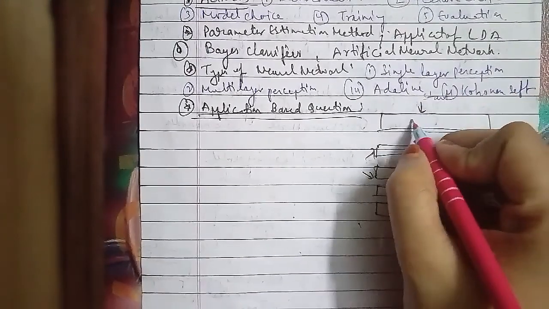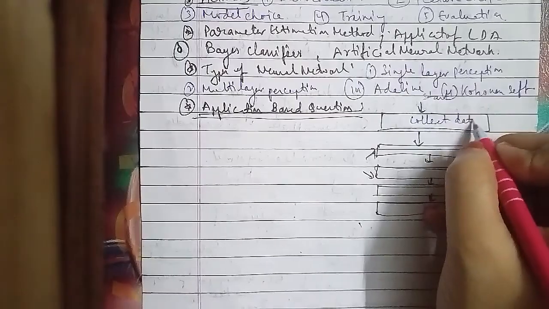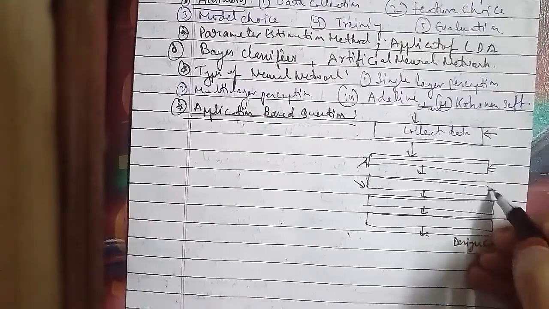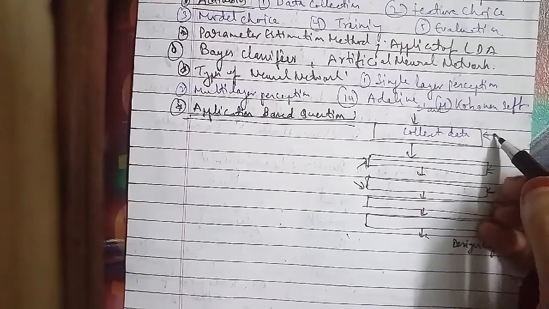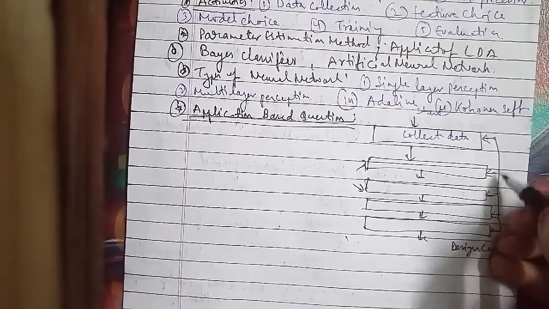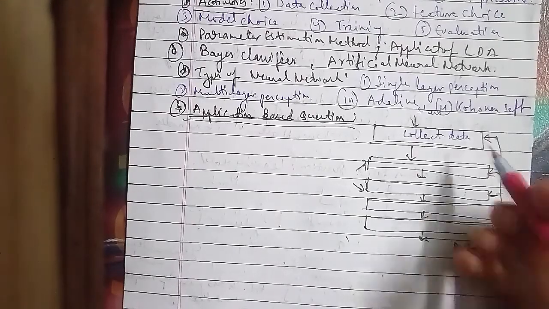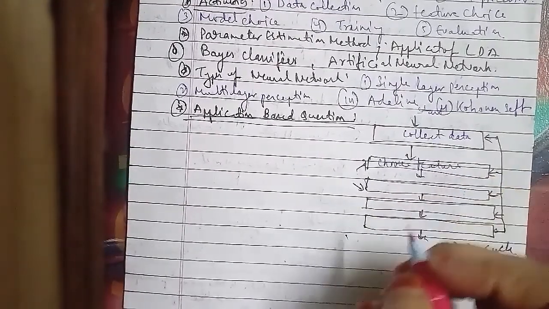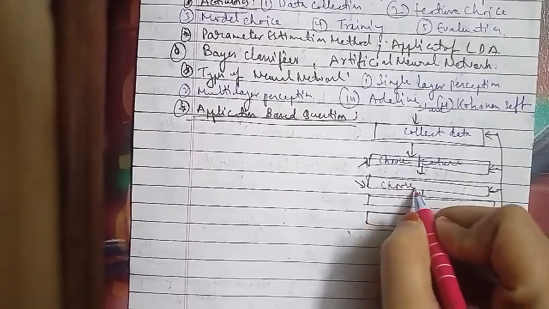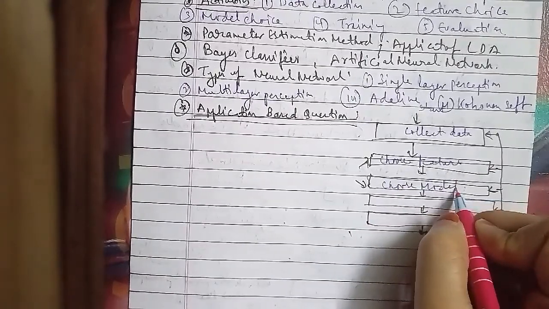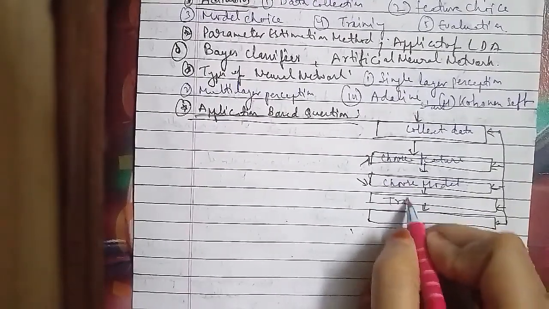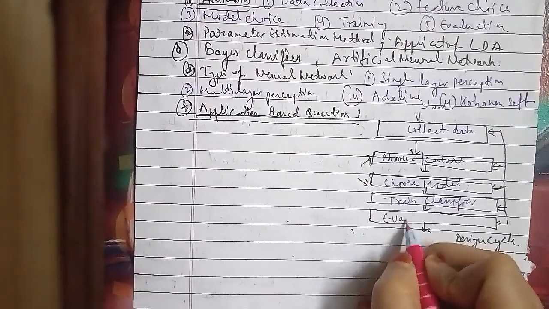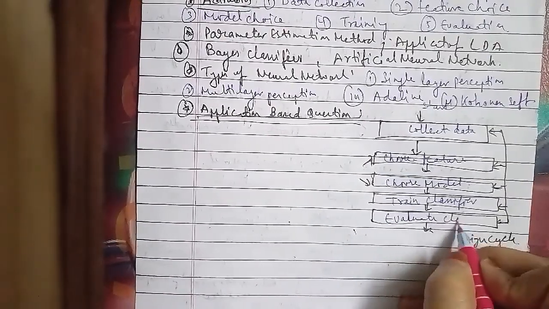Then we collect the data, then choose the features, then choose the model, and then of course train the classifier, then evaluate the classifier, and then end.